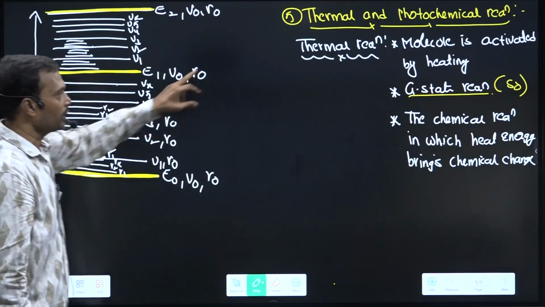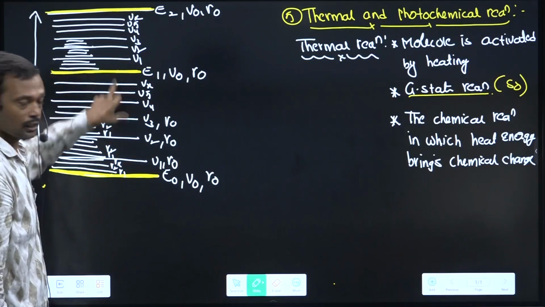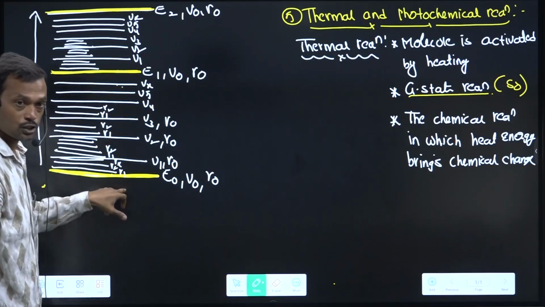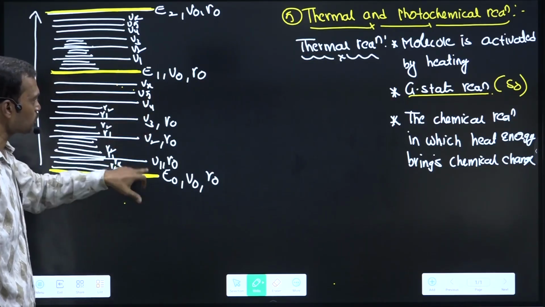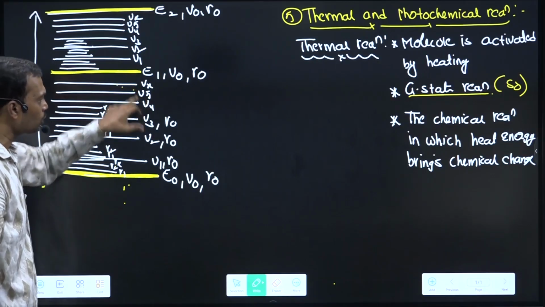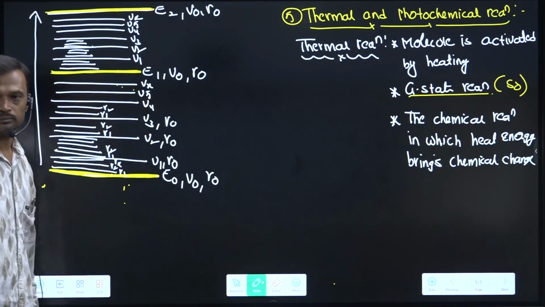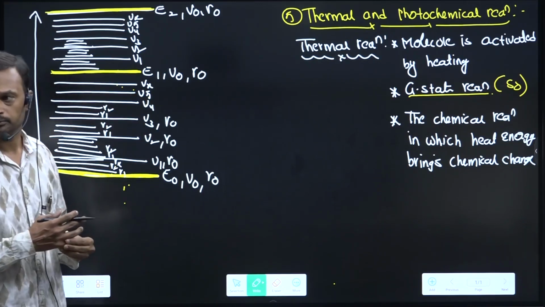But when any thermal reaction is taking place, it never reaches E1. It reaches Vx. E0 to Vx possible, E0 to V5 possible, E0 to V4 possible. But before reaching E1, thermally the molecule gives change in its vibration energy level. Only the vibration energy level changes, but not the electronic energy level.